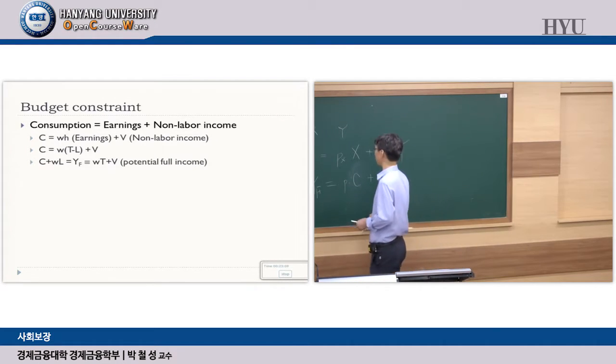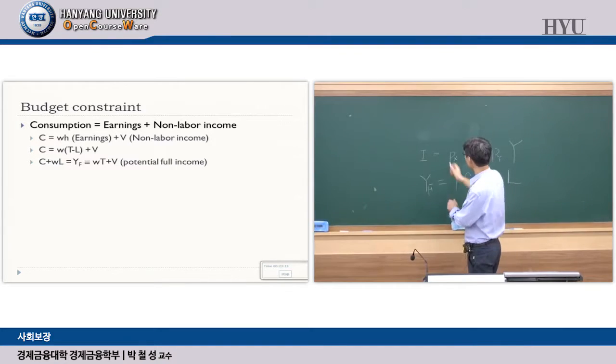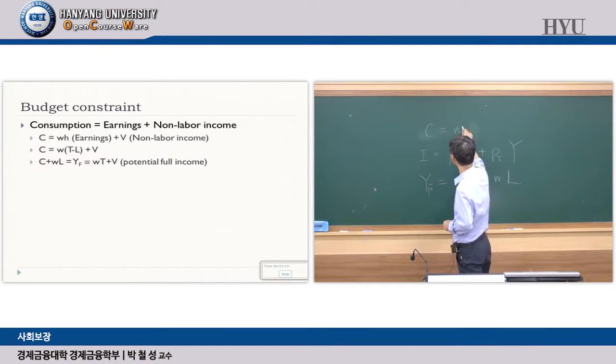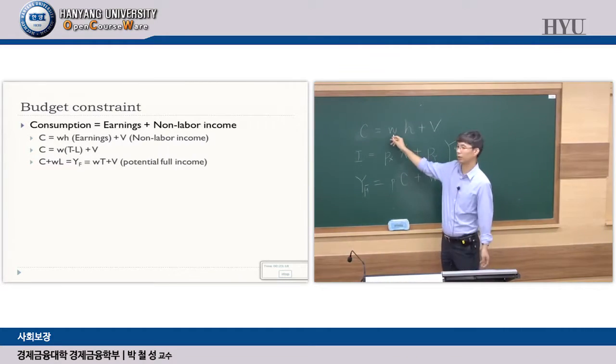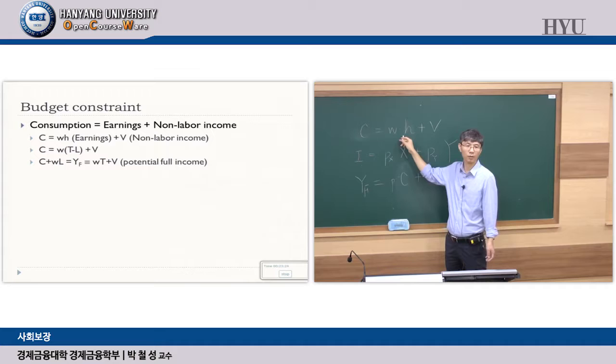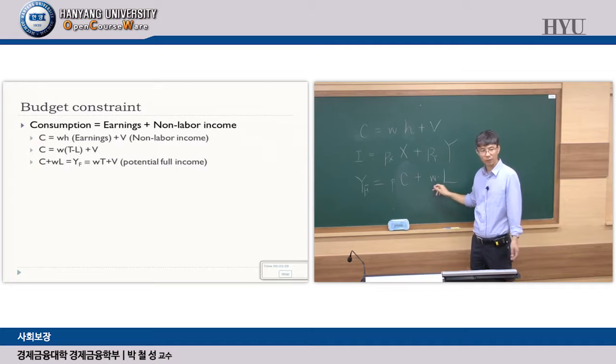One way to think about it: W is the source of income. If you work 8 hours, then for each hour you get W. In this case, W is actually the price of leisure, which means if you spend 1 hour on leisure time, you will lose income of W dollars. So that's the price you pay.